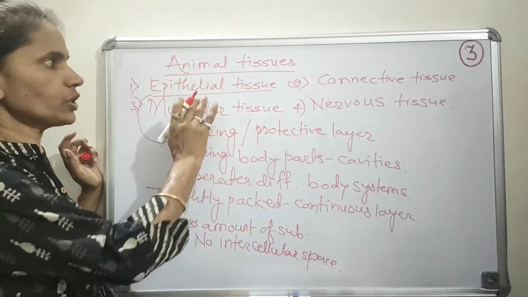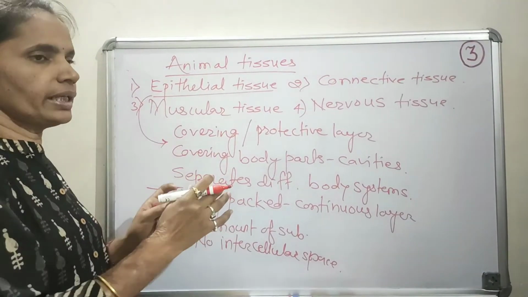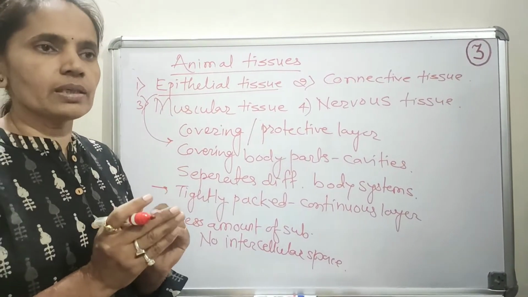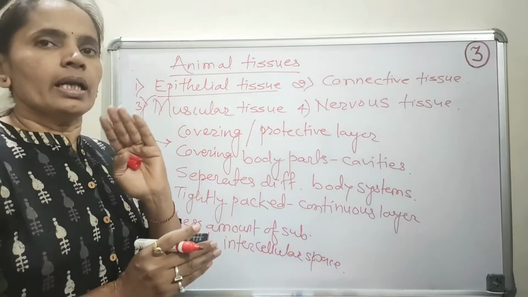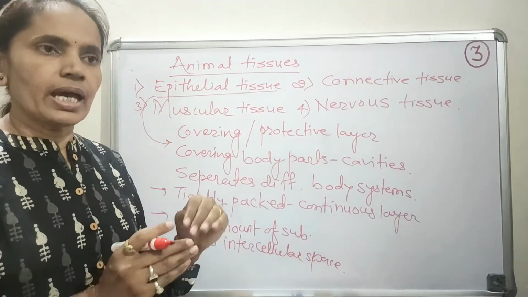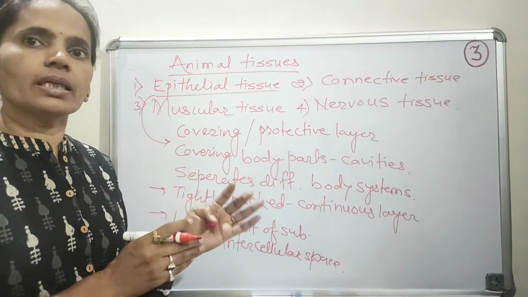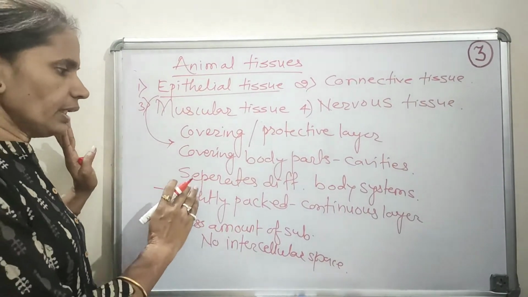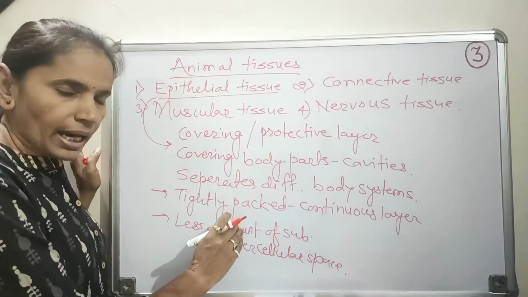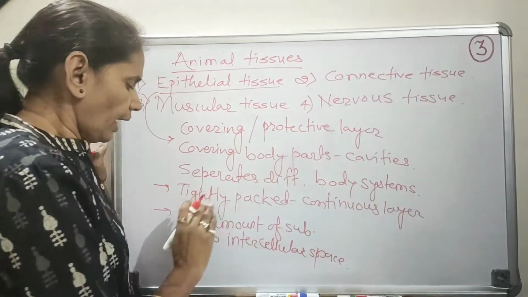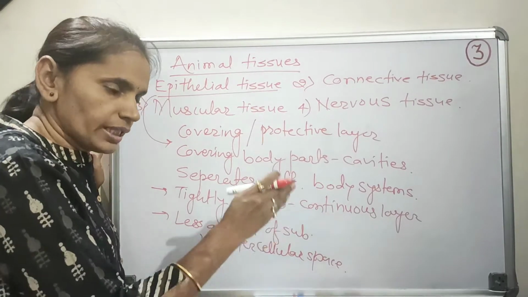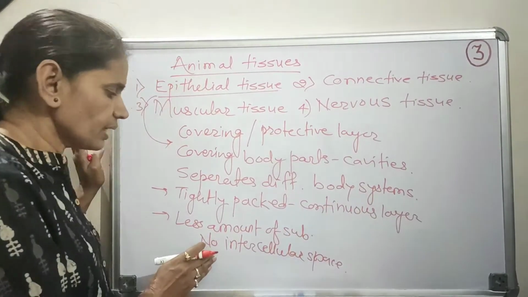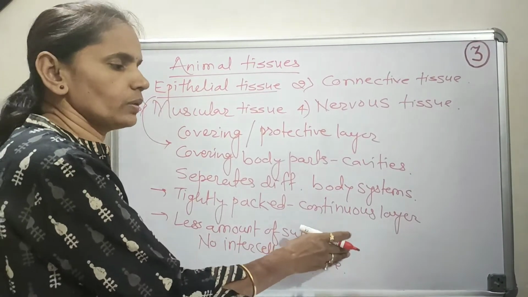Its main function is to protect the different body systems and parts. It covers almost all organs as well as the cavities in the animal body. It consists of a tightly packed continuous layer, with very little substance between the cells and no intercellular space.